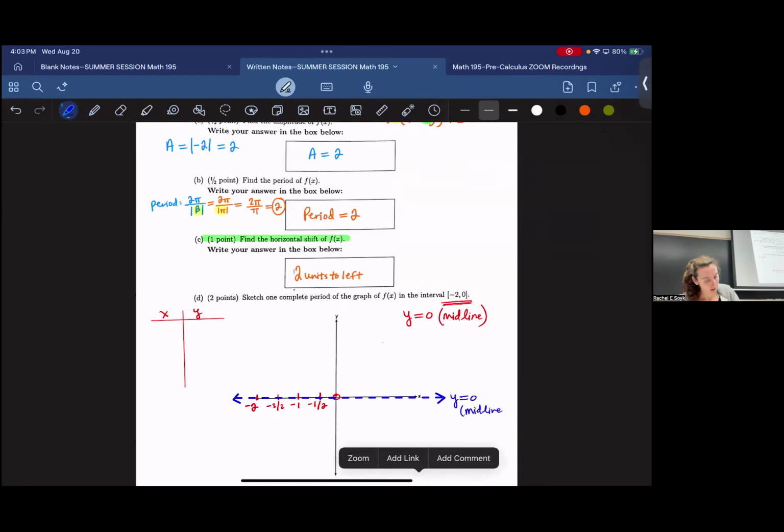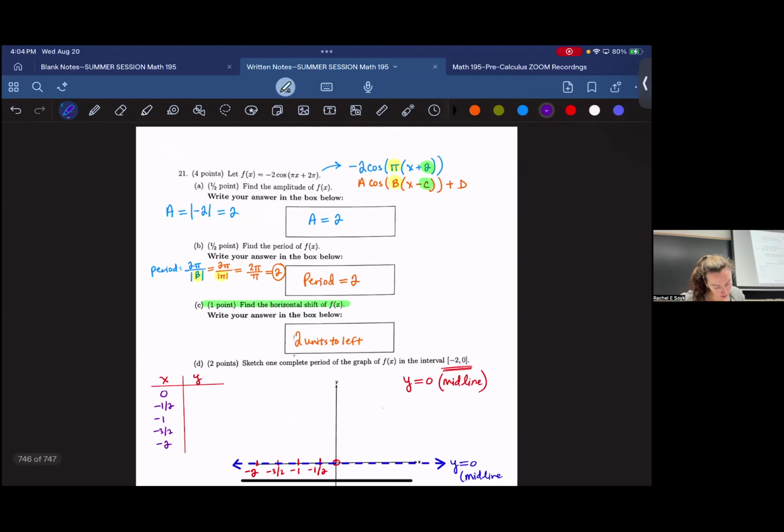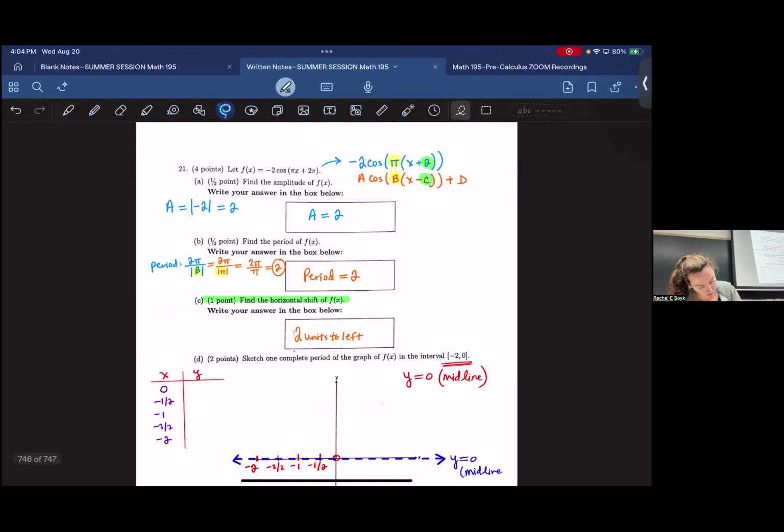Okay. And now let's figure out our y coordinate points. So we have 0, -1/2, -1, -3/2, and -2. And I'm going to write my equation down here too. I'll just copy and paste this part here.